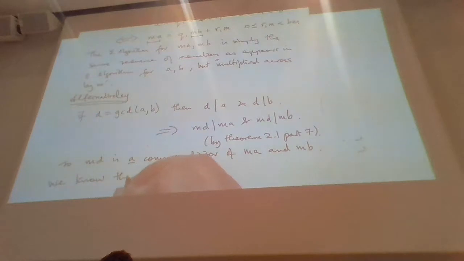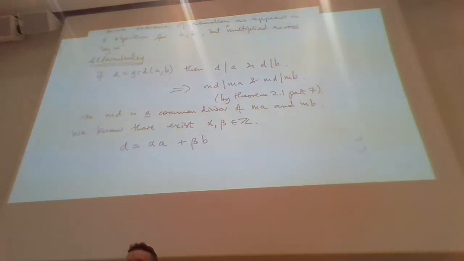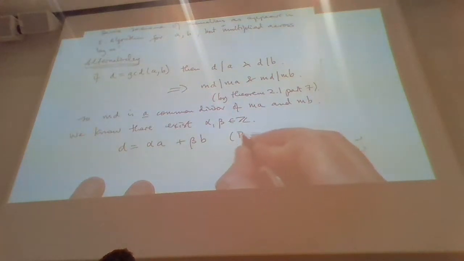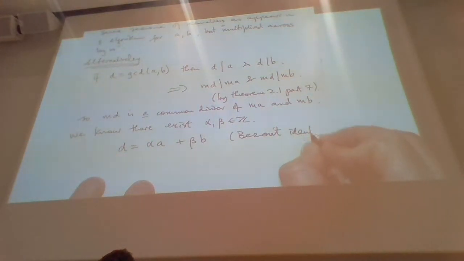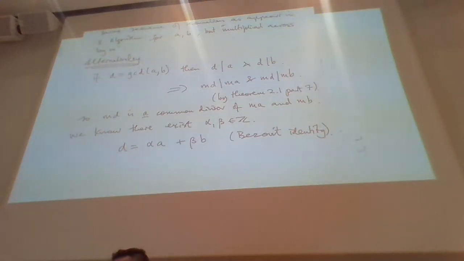So we know that there exist integers alpha and beta giving you a Bezout identity for D as a combination of A and B. Okay, that's Bezout's identity. The GCD of a pair of numbers can always be realized as a linear combination with integer coefficients.